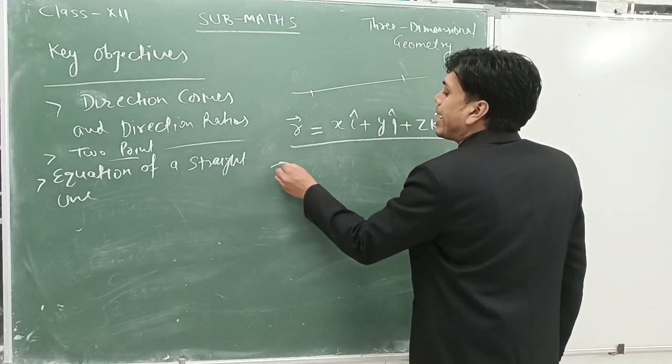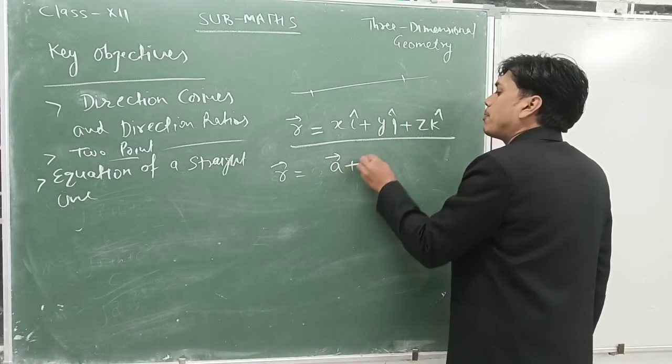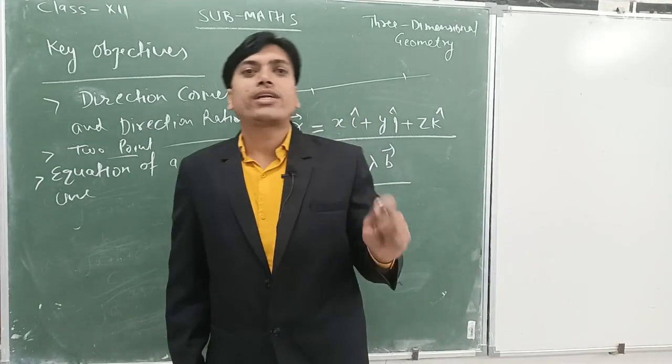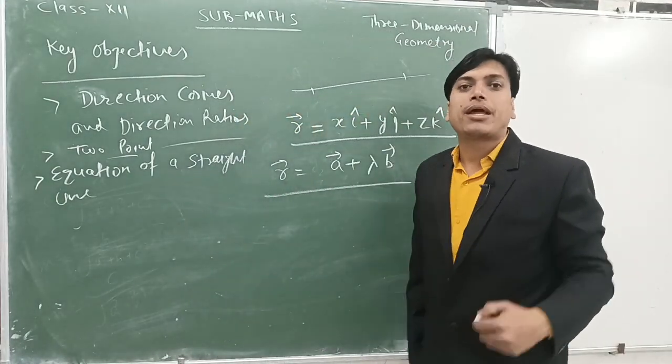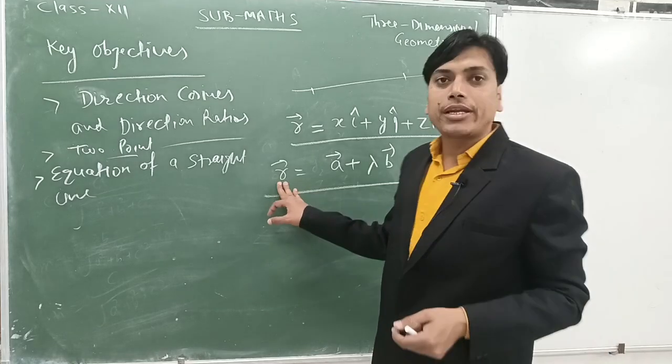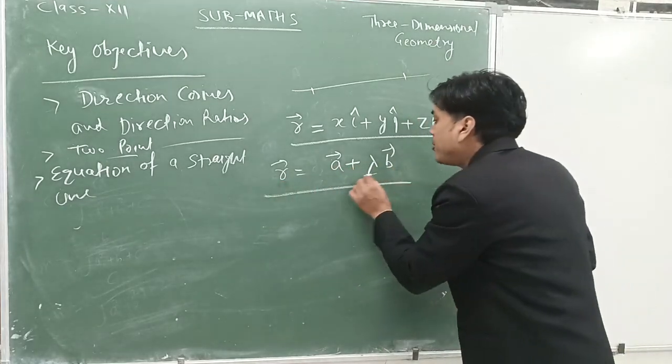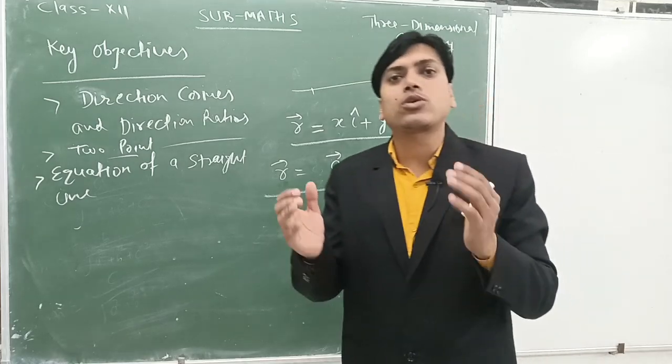So the equation of any line is r vector equals vector a plus lambda vector b. Now what is r, what is a, what is lambda, and what is b? r is the variable vector, and vector a and vector b are also vectors. Lambda is just any scalar value, any constant value.